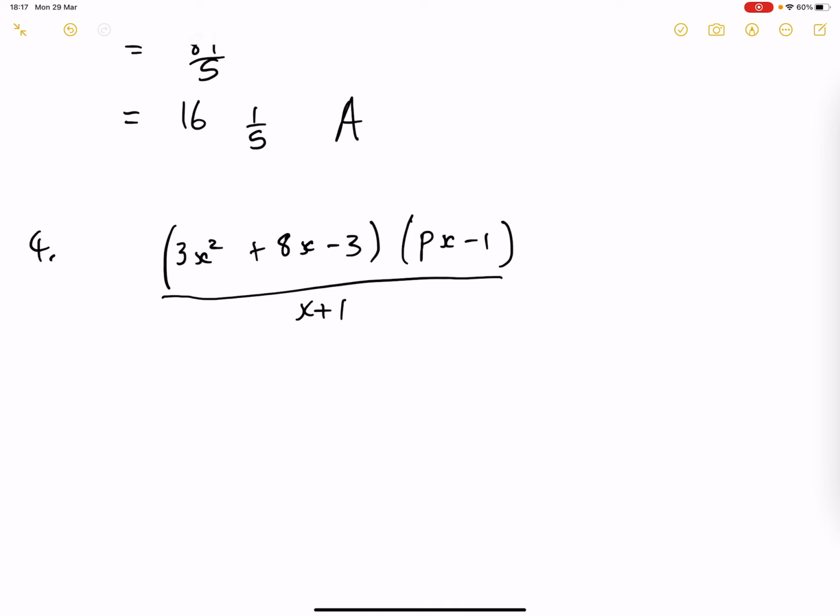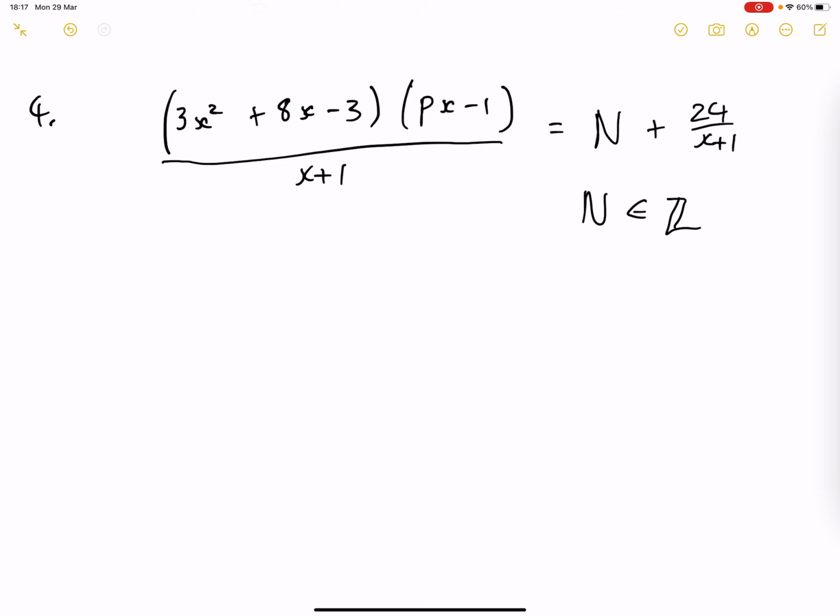And the result will be equal to a whole number n, so n belonging to the integers, plus 24 over x plus 1. So we're told that 24 is our remainder. What is the value of p?